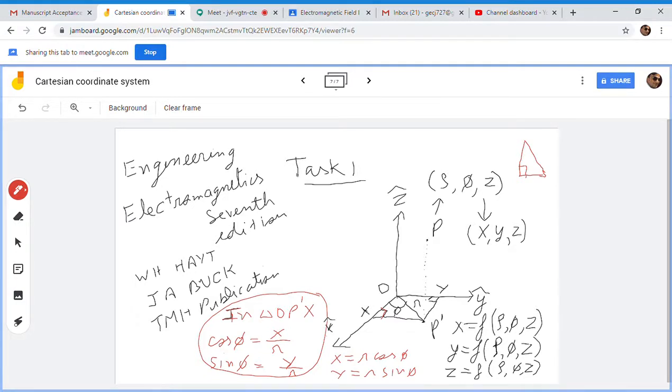See here, these are very basic, very small things, but you need to observe the important points. What is the important point here? X is a function of R and phi. Sorry, we should take rho here, not R. We have changed the dimension. Sorry for that. So I'm taking rho everywhere.